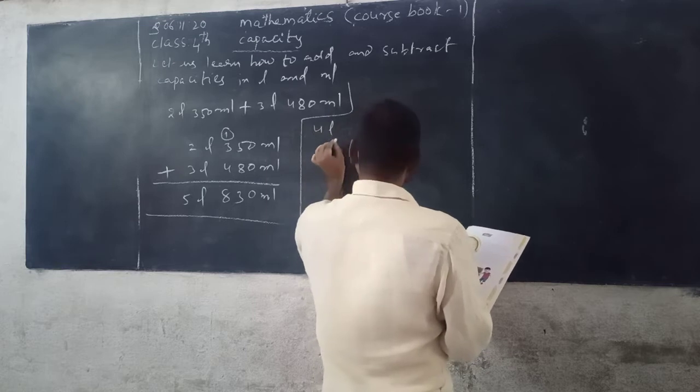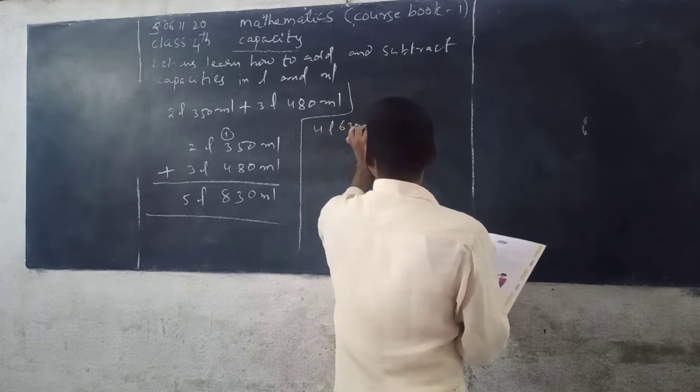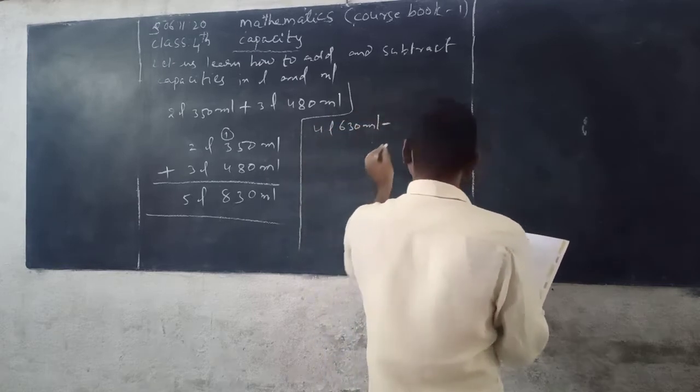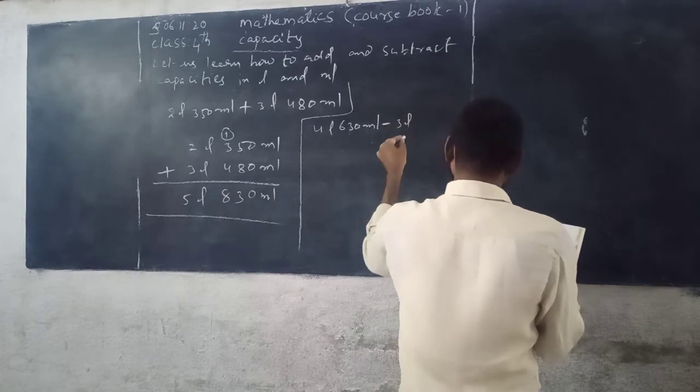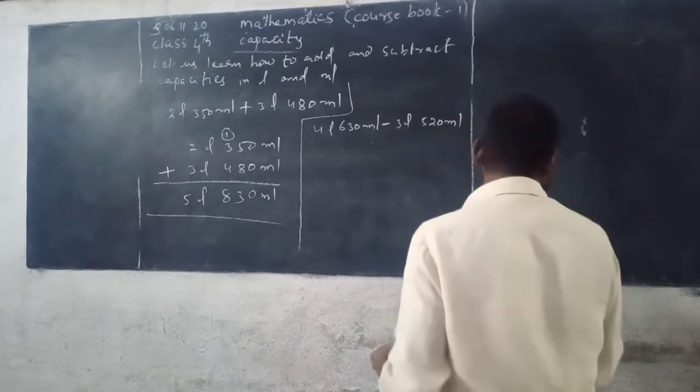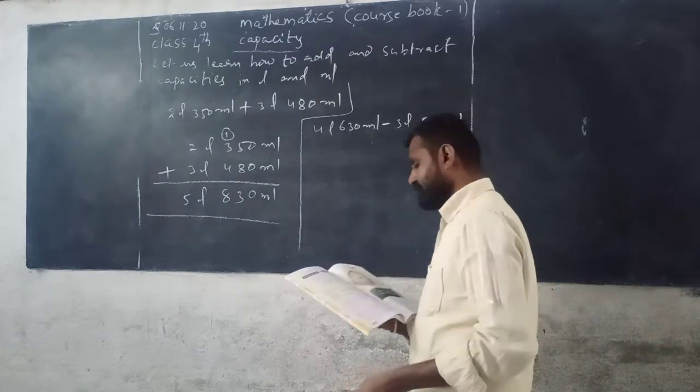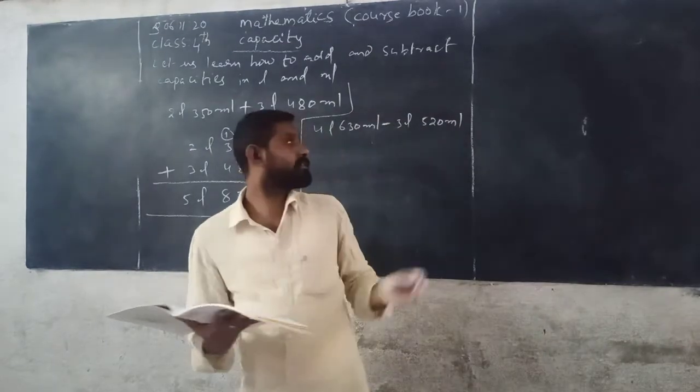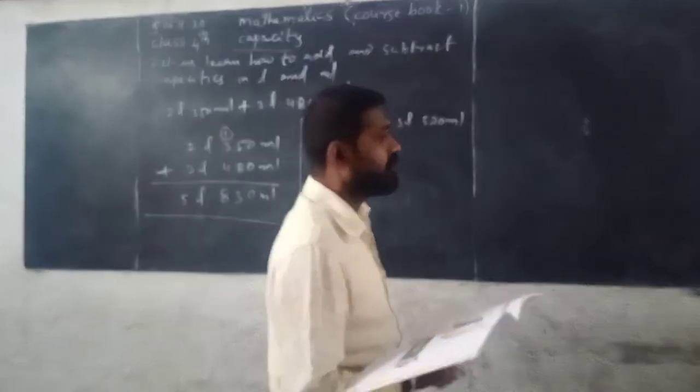Now next, the second one is 4 liter 630 milliliter minus 3 liter 520 milliliter. The given problem, write down in column form.